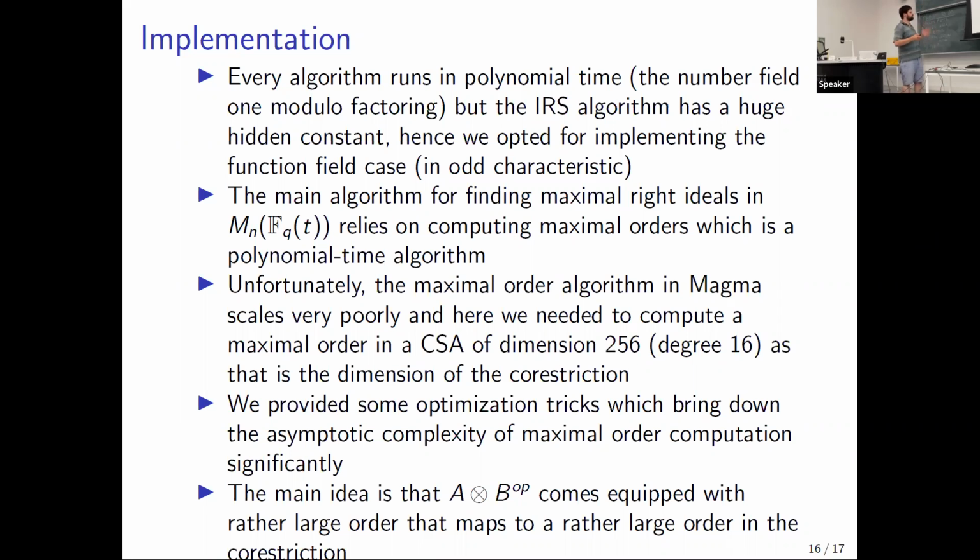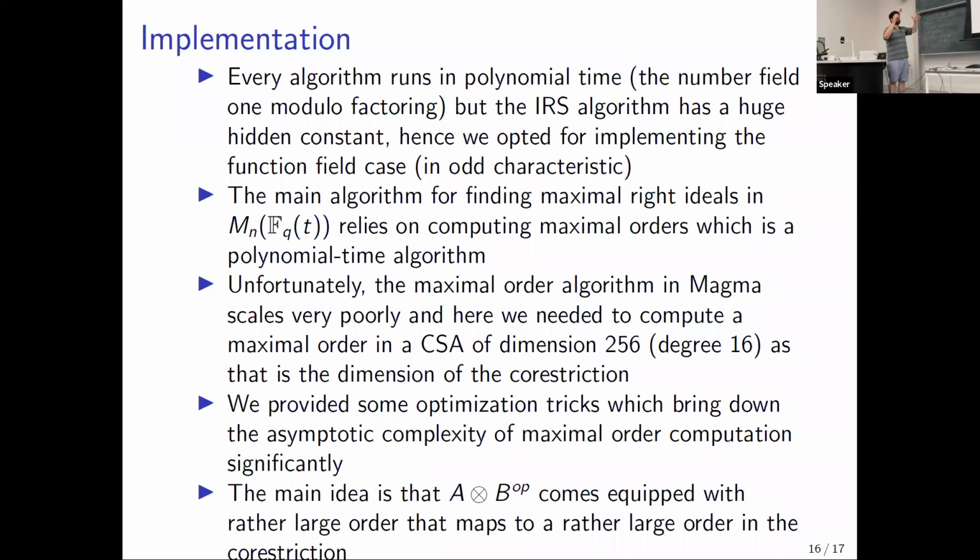So for example, if we restrict ourselves to quaternion algebras with not too many ramification places, then you can compute a maximum order at least in M4L, and that somehow translates to a rather big order in this Corestriction, because these maximum order finding algorithms are all the same.